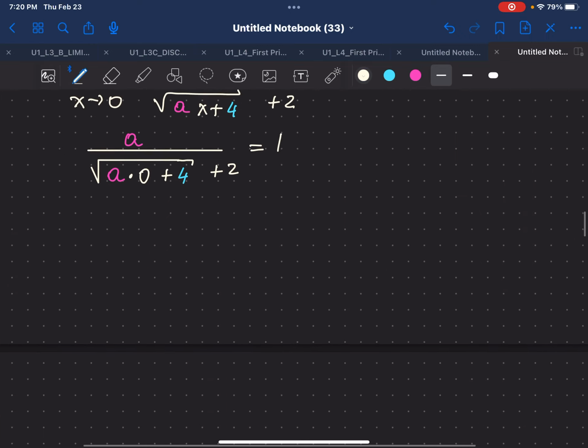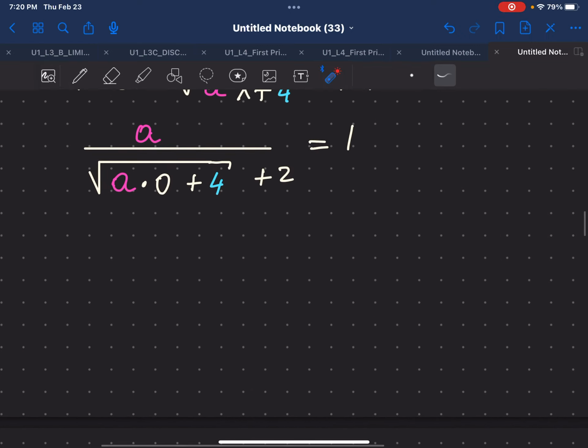So we have to solve the equation, as you can see now, just for a. So the only unknown here is a. So I will have a up here, and in the denominator, you see that a times 0 is 0. So we have just square root of 4, and then plus 2 equals 1.